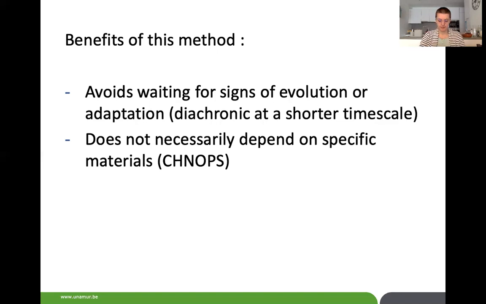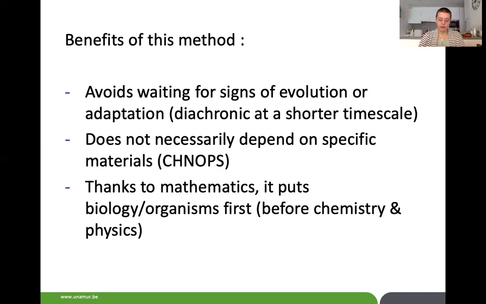If the system can express the three functions of an MR system, and if they are closed to efficient causation, that's it, it's alive. And third, using the theory of categories can help us focus on organisms as wholes and create theories at the biological level without being dependent on chemistry and physics.